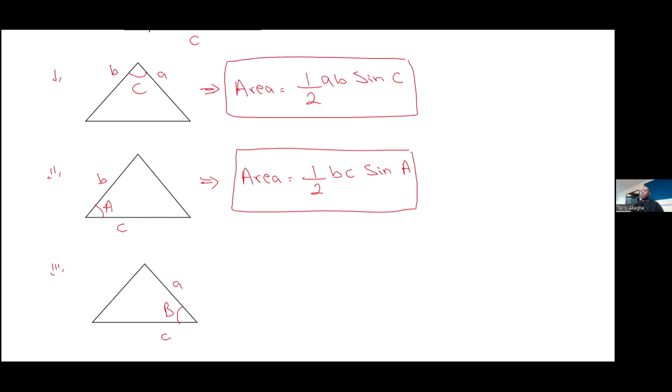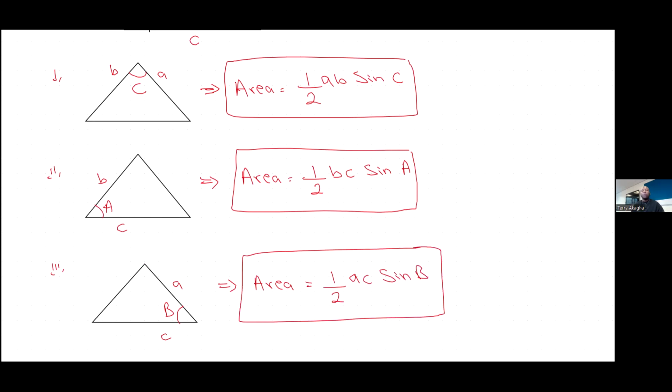So the area in this case as well will be equal to 1/2 AC sine B. One over 2 AC sine B. So depending on which sides and angle are known, we determine which formula to use.